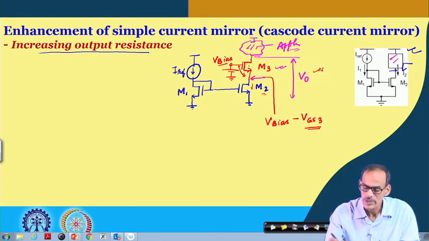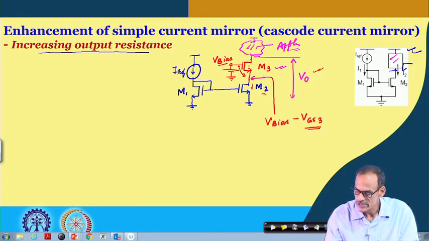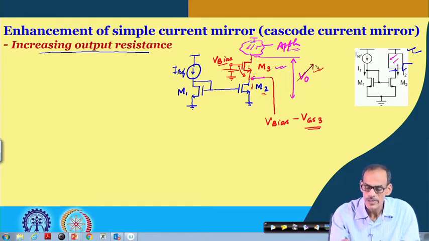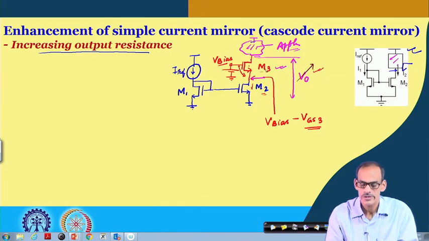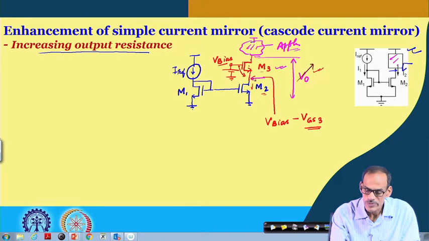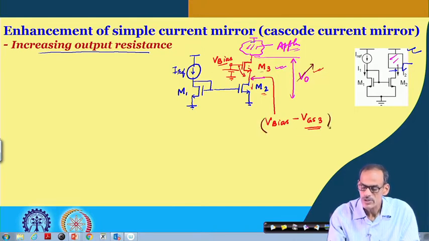As a result, even if this voltage is changing, as long as transistor 3 is in saturation, this voltage is not changing. So, we can say it remains almost constant.